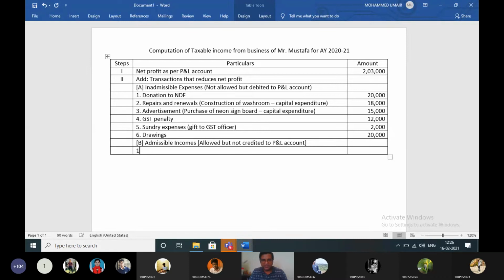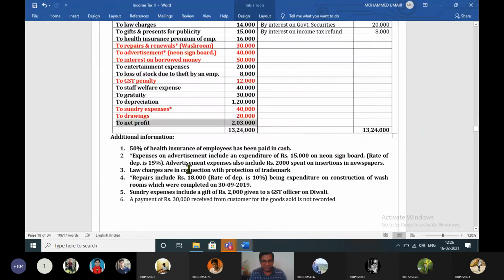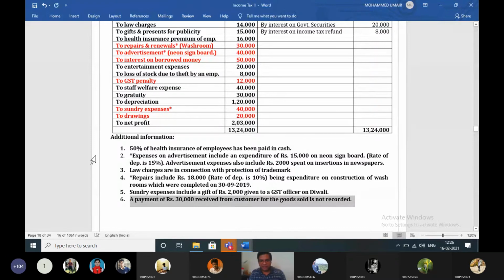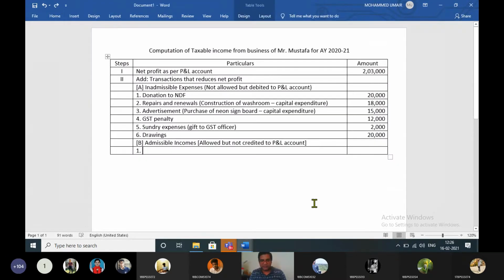So let's see if there is any income in the adjustment which needs to be recorded. The answer is yes, the last one. A payment of 30,000 received from a customer is not recorded. Payment from customer, 30,000.